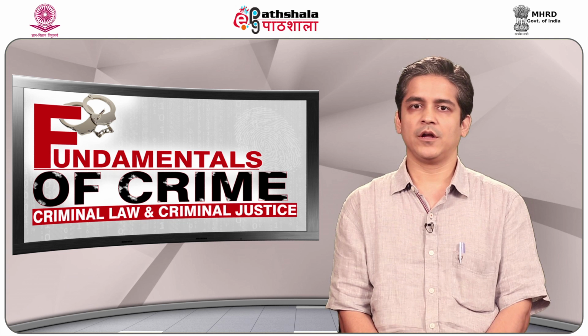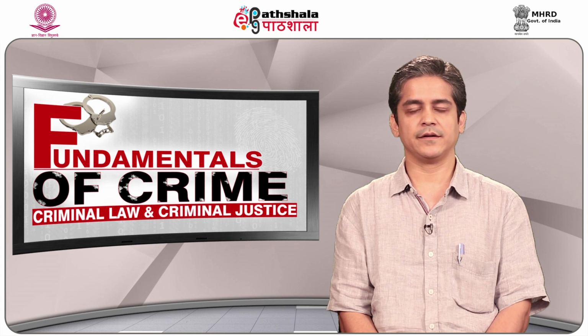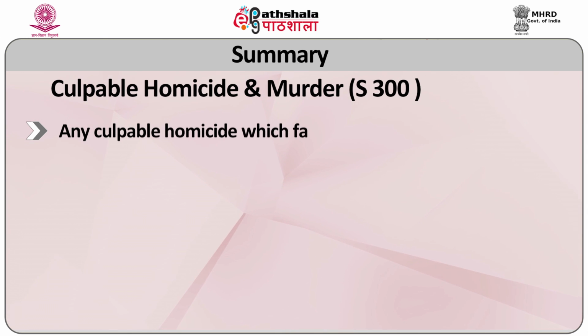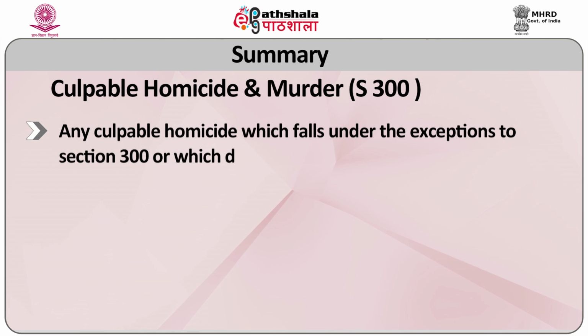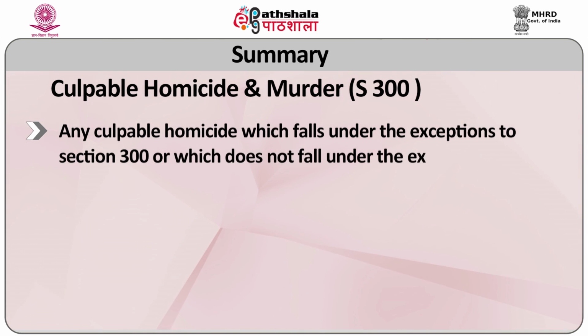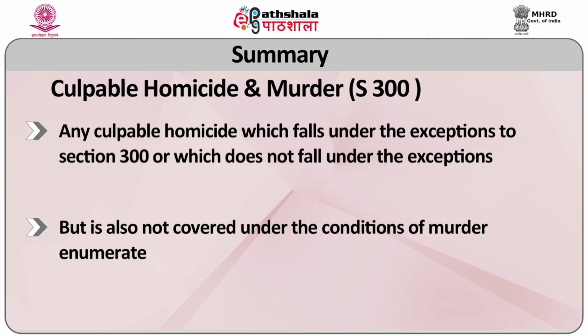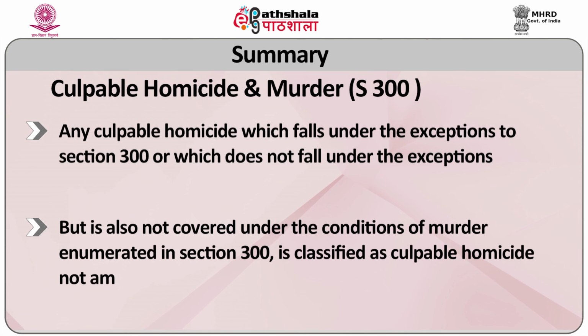To conclude, in order to summarize this particular module, the following things should be kept in mind. Any culpable homicide which falls under the exceptions to section 300 or which do not fall under the exceptions but is also not covered under the conditions of murder enumerated in section 300 is classified as culpable homicide amounting to murder.